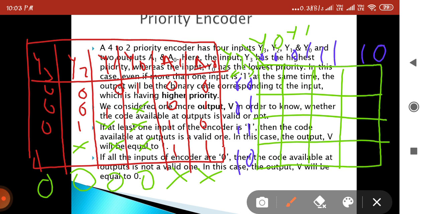Means Y3, Y2 and Y1, Y0 all are zeros. The X will come for A1. For this one it is for A1. Yes. Next is 0 1, 0 1 reversed, 0 1 0 0. Where is it? Here. It is a 0.